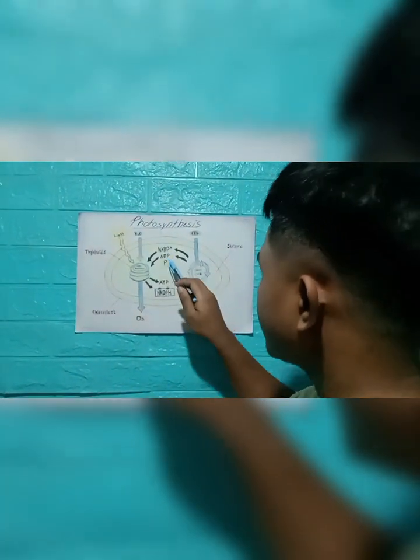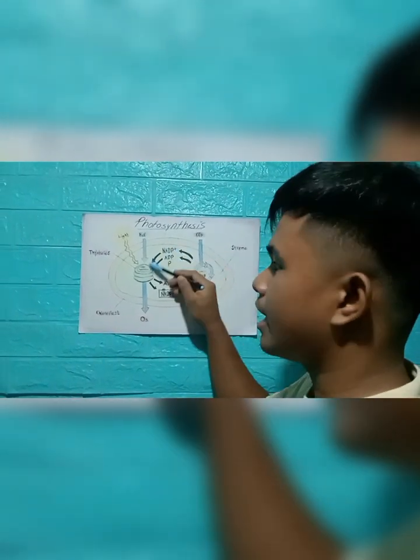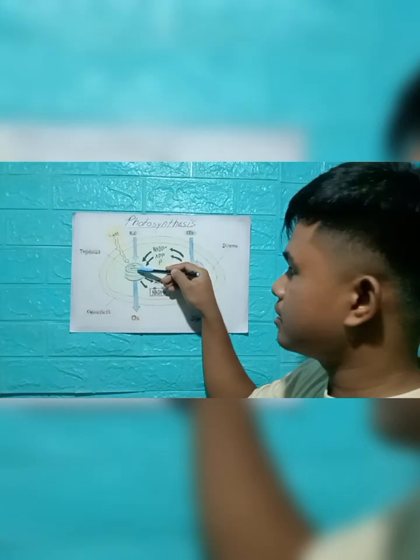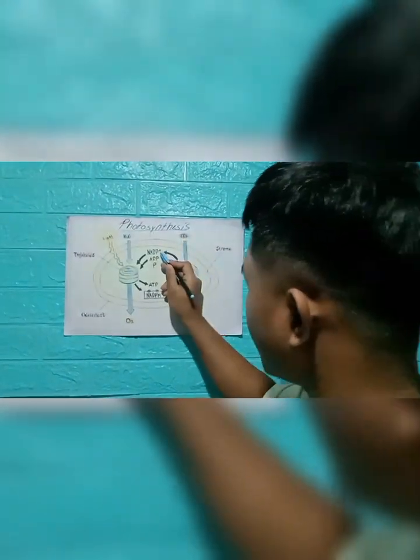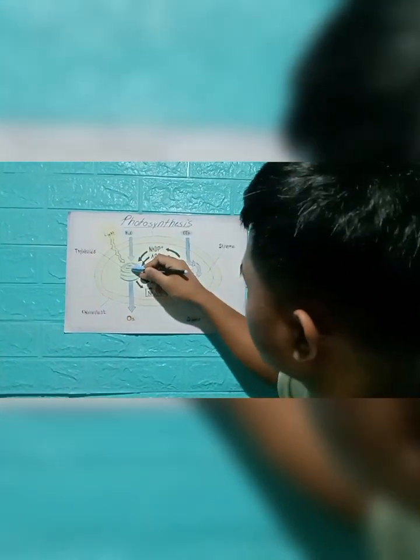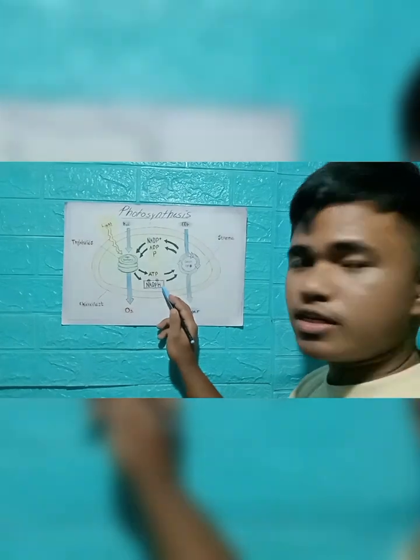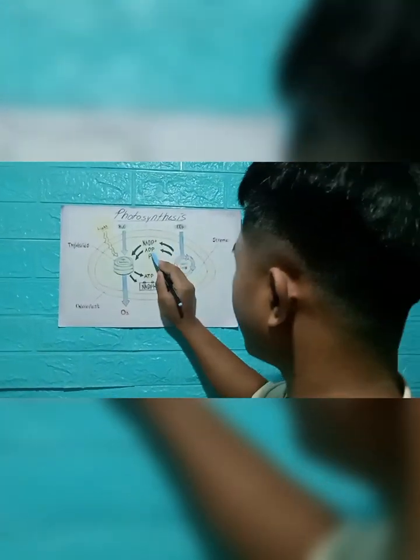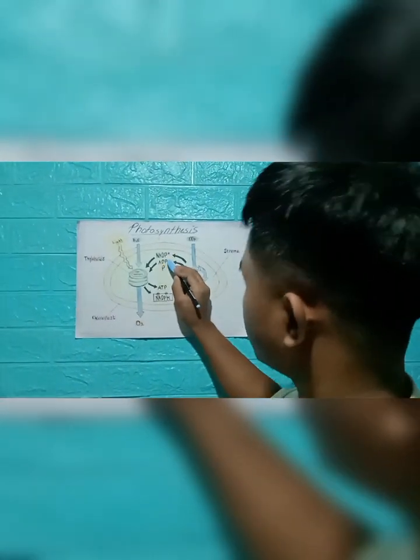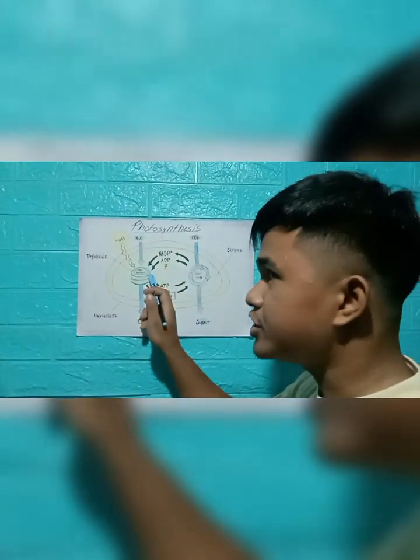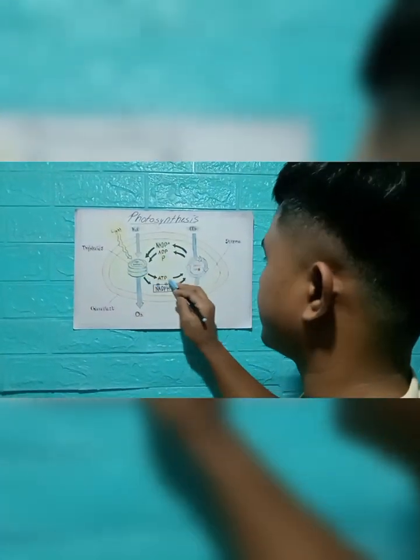After that, the NADP plus gains the electrons that remain inside the thylakoid, and the NADP plus turns into NADPH. The ADP phosphate also gains the energy inside the thylakoid, so the ADP phosphate turns into ATP.